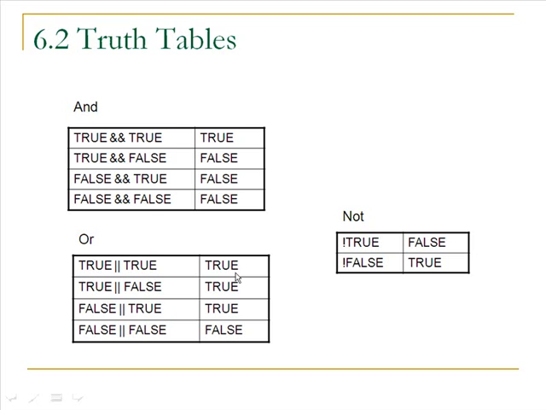True or true is true. True or false is true. False or true is true. And the only case where the result would be false is when we have false or false, because neither of these are true. The truth table for the not operator is very simple. Not true is false and not false is true.